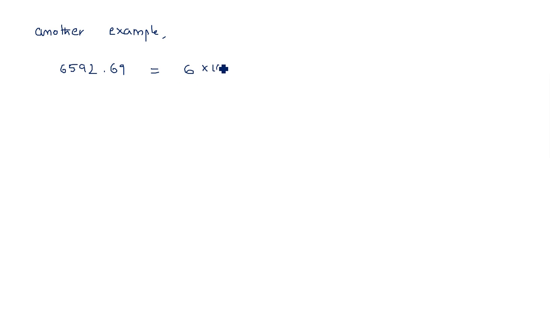So 6 into 10 power 3 plus, 0, 1, 2, 5 is at the second place, so 5 into 10 power 2 plus 9 into 10 power 1 plus 2 into 10 power 0 plus 6 into 10 power minus 1 plus 9 into 10 power minus 2. This is the way of representing a given number in its decimal format.